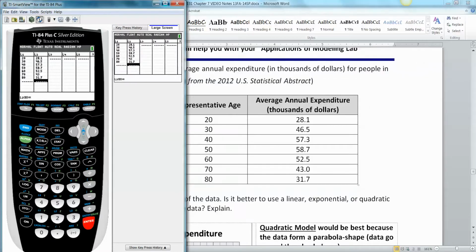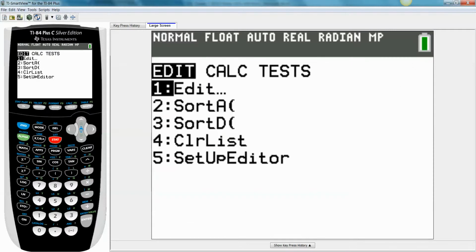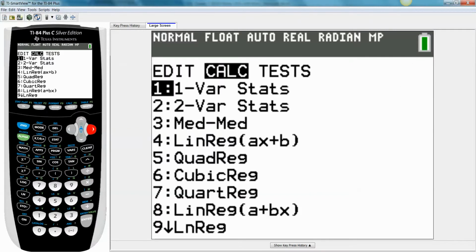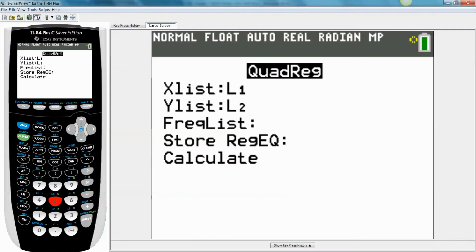They're all in there. Okay, so now, just like the other regressions we've learned in this course, you go to Stat, you go to Calculate, and number 4 is what we used in Chapter 3, and then number 0 is what we used in Chapter 4 and 5, but now we want a quadratic regression, which is number 5 right here, quadreg. So grab that.